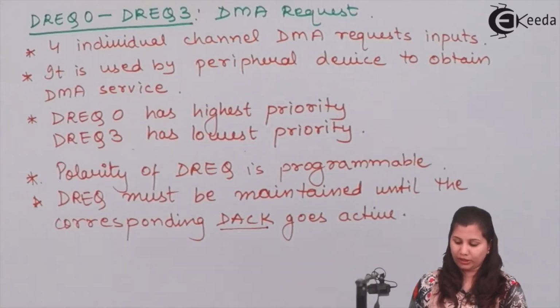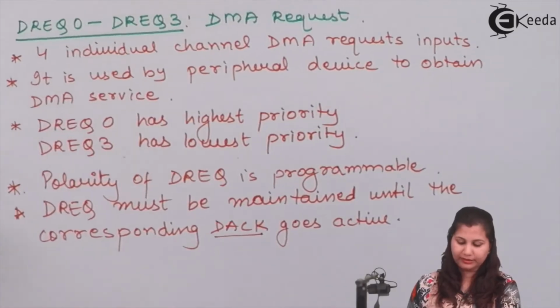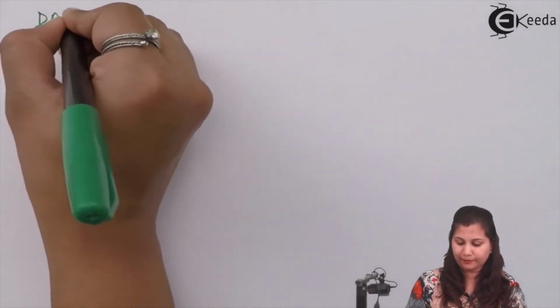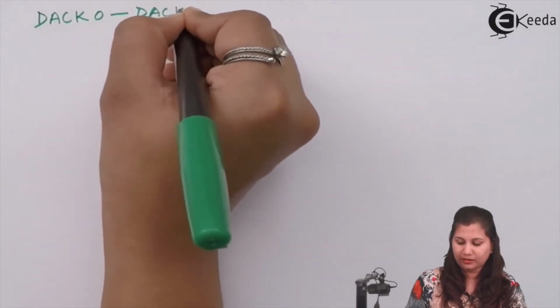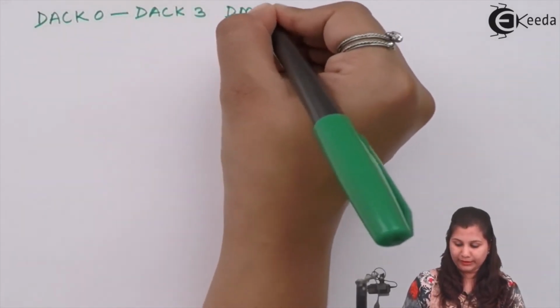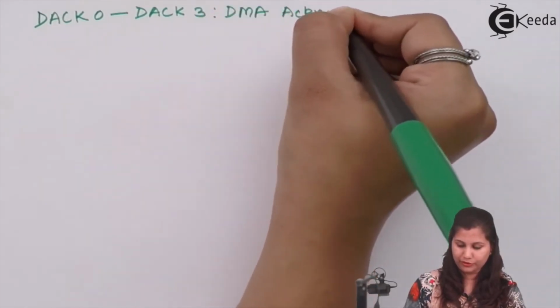peripheral device. In response to these DMA requests, there are the acknowledgement signals, which are DACK0 to DACK3, the DMA acknowledgement signals.